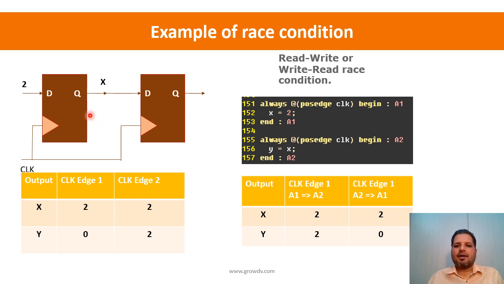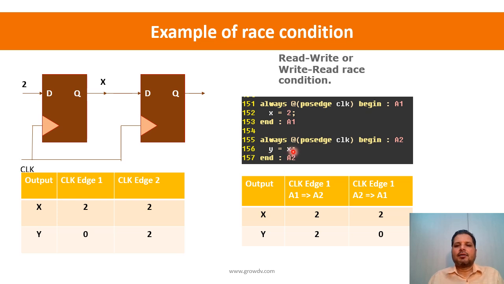Now let's say I model this particular circuit in this way: at every passage of clock, I have always block 1 where I'm saying x equal to 2, and again at every passage of clock, I have always block 2, where I am just saying y equal to x. How does this work?